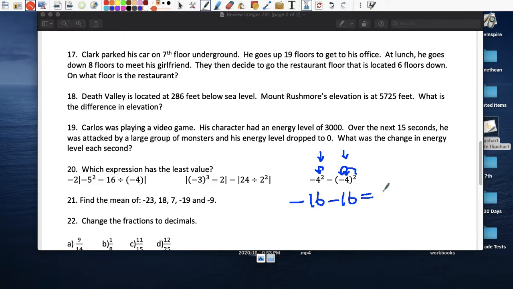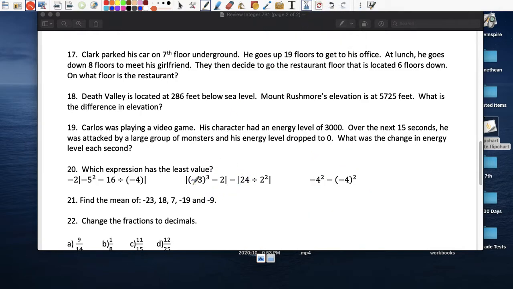Final answer: keep the first one, change the subtraction to addition, and 16 becomes negative 16, and you get negative 32. Okay, but this particular question was aimed at, do you know the difference between this and this? Completely 2 different expressions.